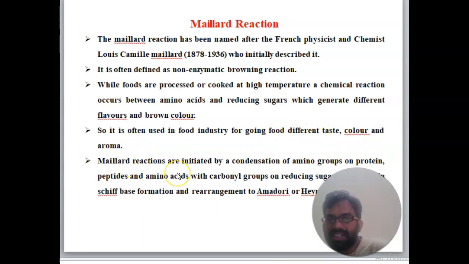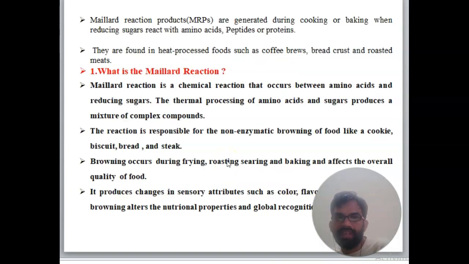Maillard reactions are initiated by a condensation of amino groups on proteins, peptides and amino acids with the carbonyl group of a reducing sugar, resulting in Schiff base formation and rearrangement to the Amadori and Heyns products.